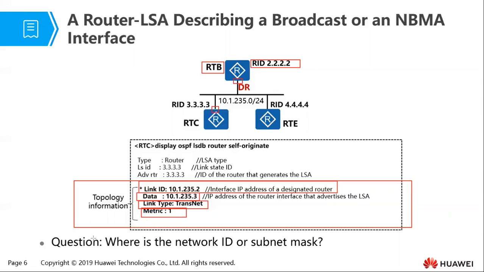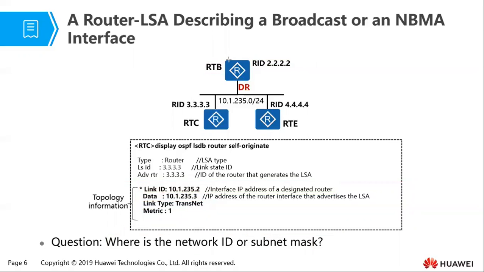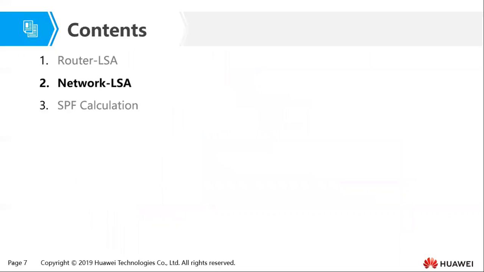So you can see here they're asking, where is the network ID and the subnet mask? In broadcast and NBMA, the Router-LSA does not describe the network ID or the subnet mask. That is described using type 2 LSA, as we are going to see. So type 2 LSA is called the Network-LSA.